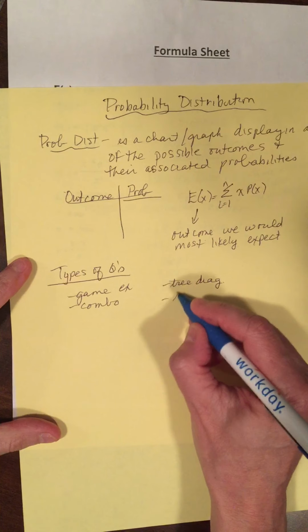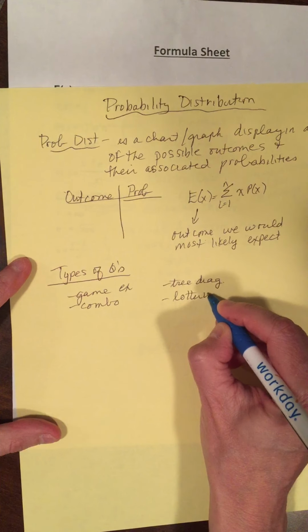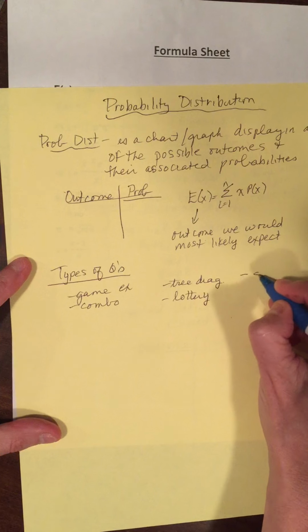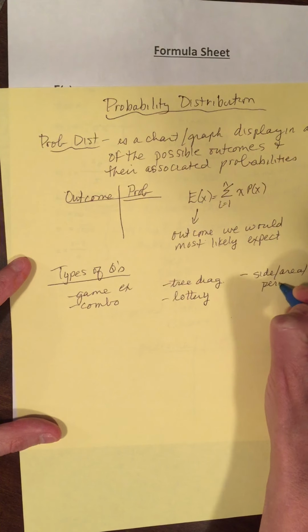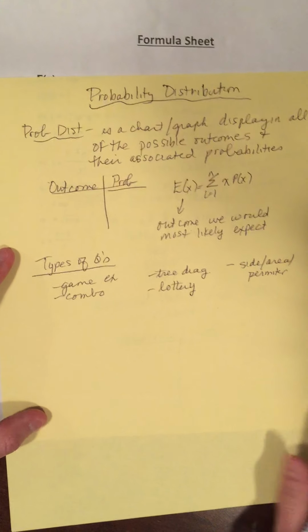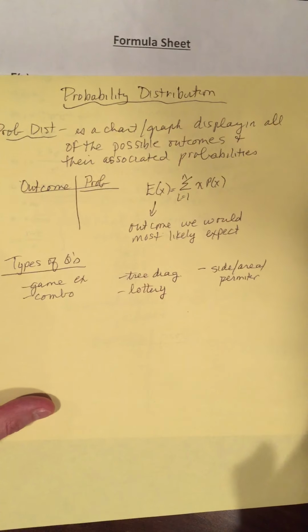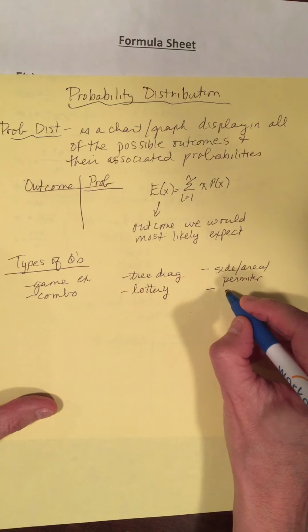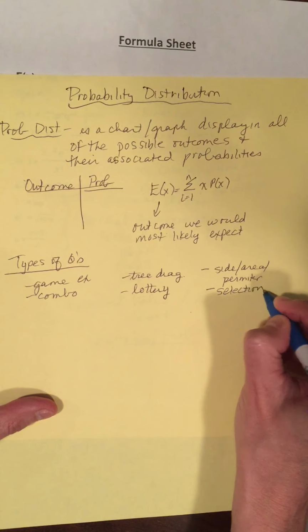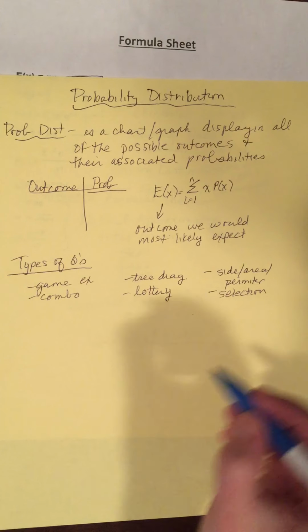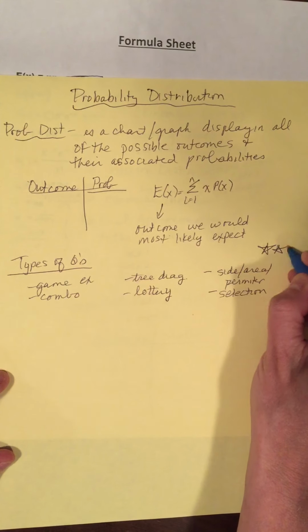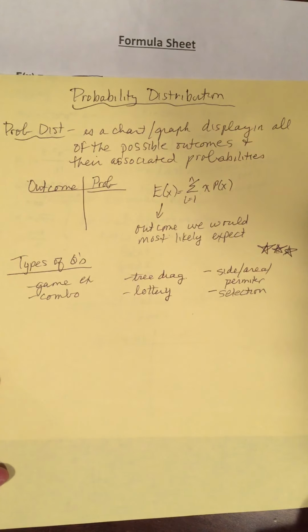We had a lottery example. And we had a side with area and perimeter example as well. And I think actually in your textbook, your homework, that 15 and 16, there was also a selection example. So in most cases on your test, there's easily 2 to 3 of these. Okay, easily.